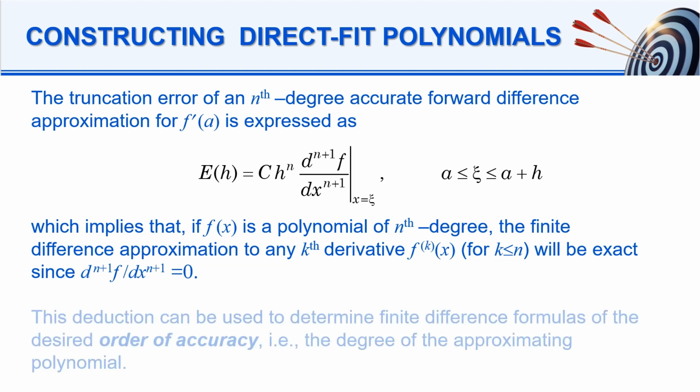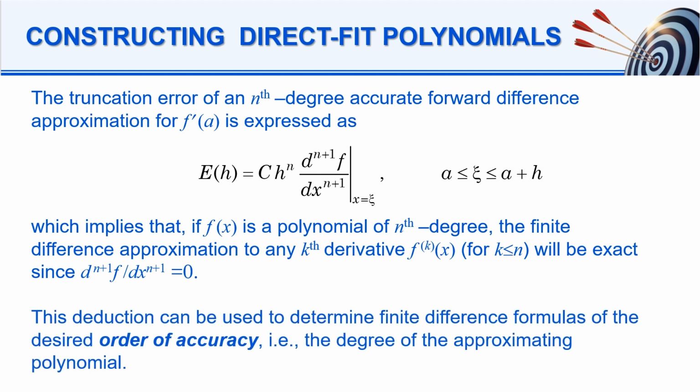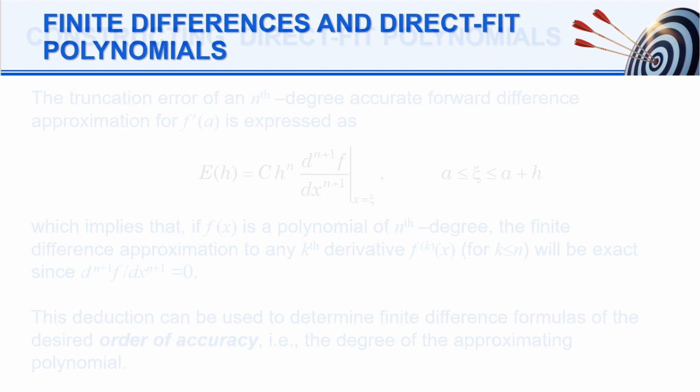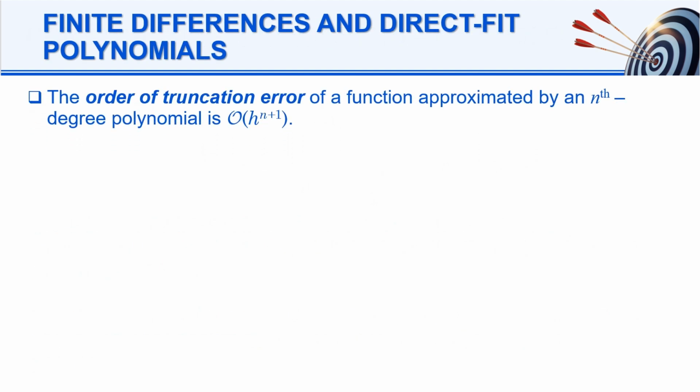This deduction can be used to determine finite difference formulas of the desired order of accuracy, that is, the degree of the approximating polynomial. The order of truncation error of a function approximated by an nth degree polynomial is O(h to the n plus 1).